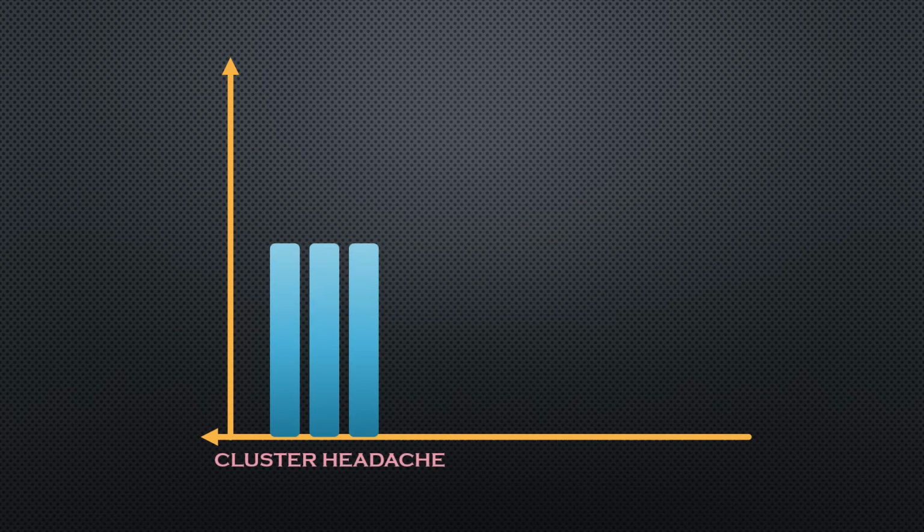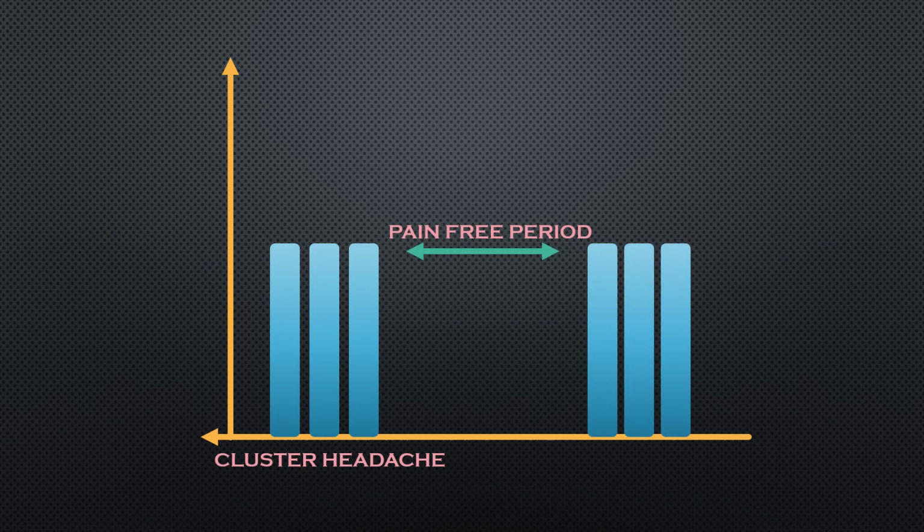As the name suggests, the pain of cluster headache comes in clusters of attacks, where the pain lasts for several weeks to months, after which there is a pain-free remission period lasting for 3 months or more before another cluster headache develops.